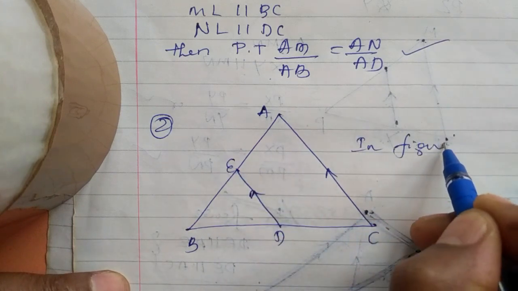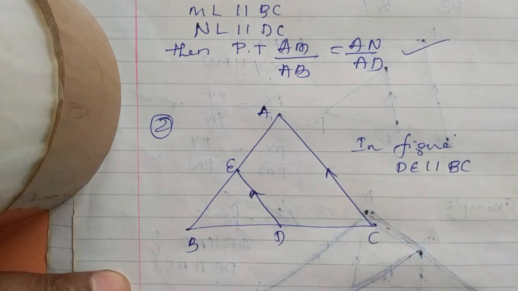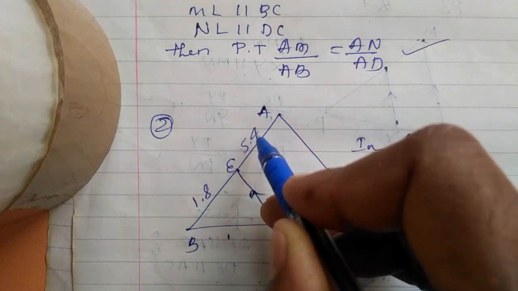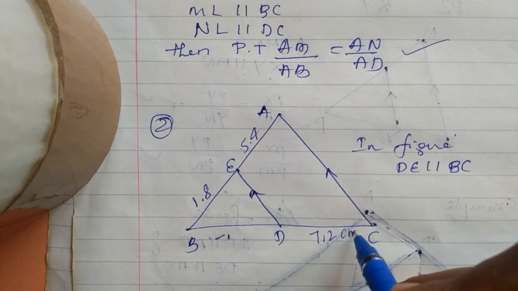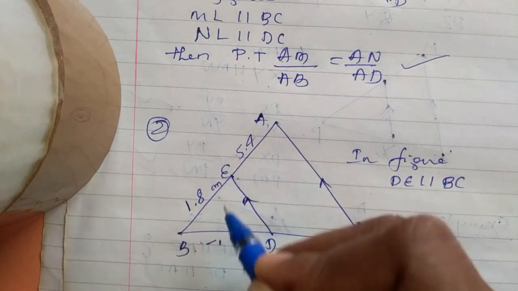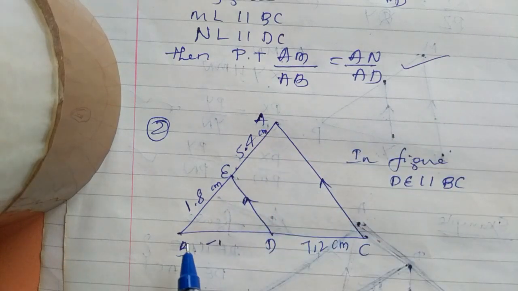In the figure, DE is parallel to BC. In the figure, BE is 1.8 centimeters, AE is 5.4 centimeters, BD length is X, DC length is 7.2 centimeters.